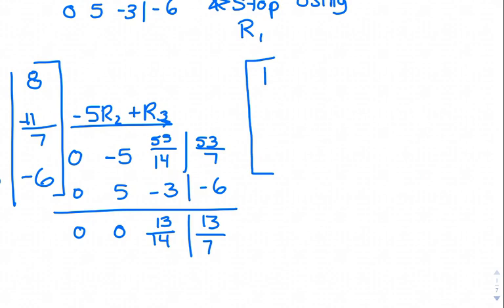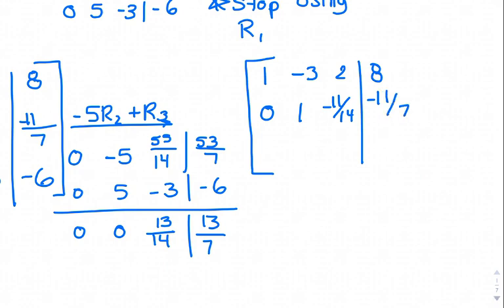Rows 1 and 2 are going to stay the same. This time row 3 is going to be 0, 0, 13 over 14, 13 over 7.